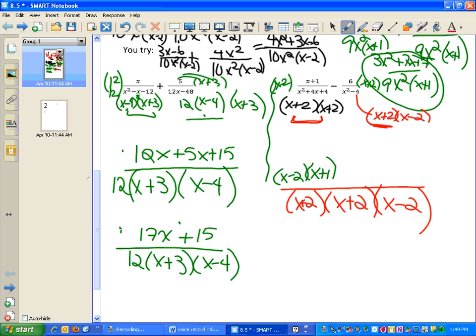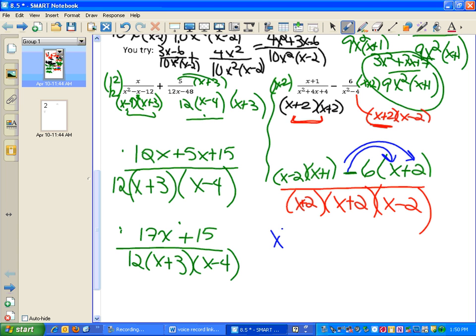Agreed? Now you got to be really careful at this point. I got a minus 6 times x plus 2. So that negative 6, I got to make sure I do what? Distribute the negative 6 into both parts of that second term. All right, so I'm going to distribute both the negative and the 6 over here.